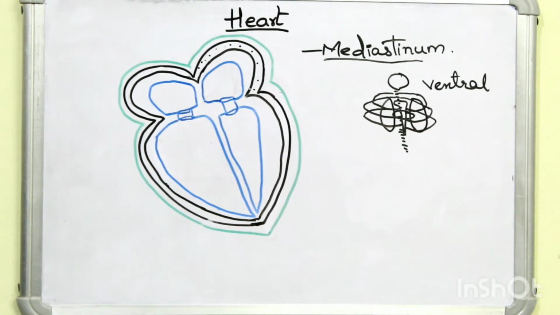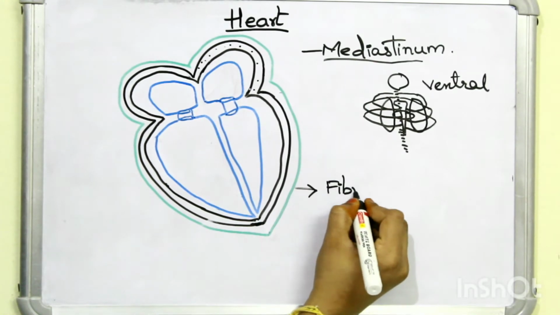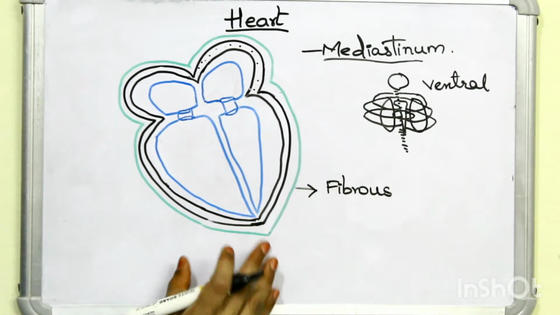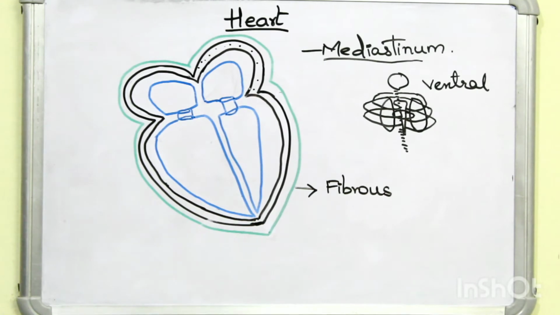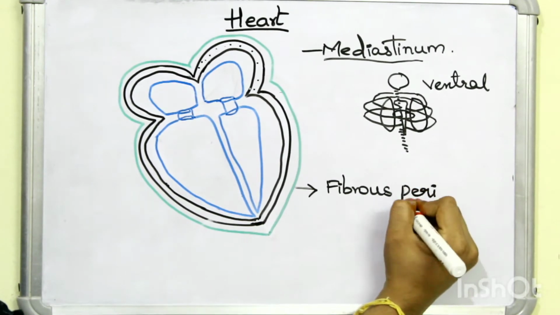If you see the layers in the heart, the outermost layer, which I indicated here with green color, is fibrous. As it is the heart, here we use the term cardium. So the outer layer is the fibrous pericardium.